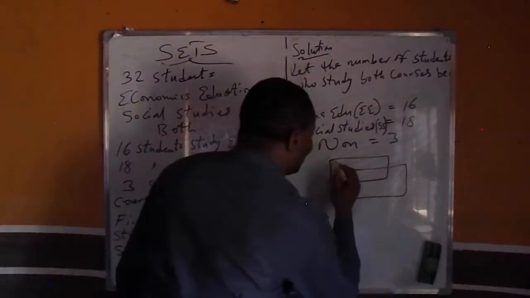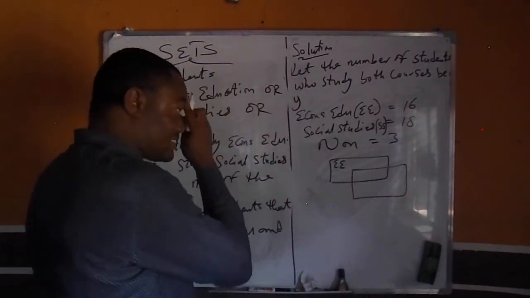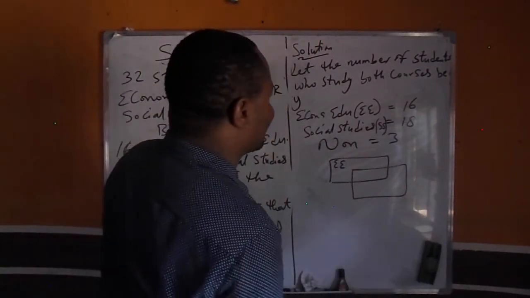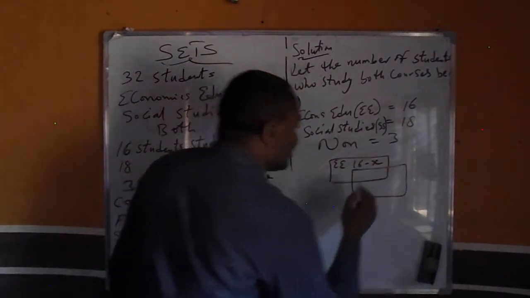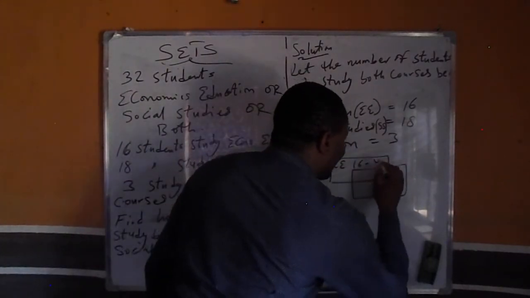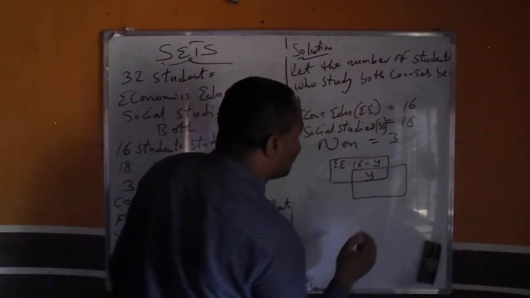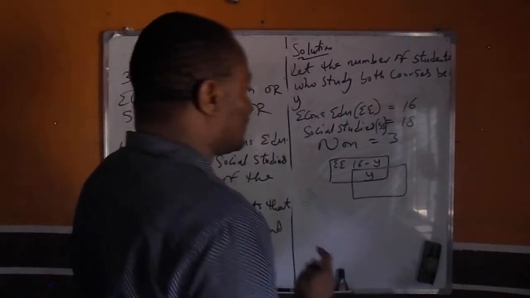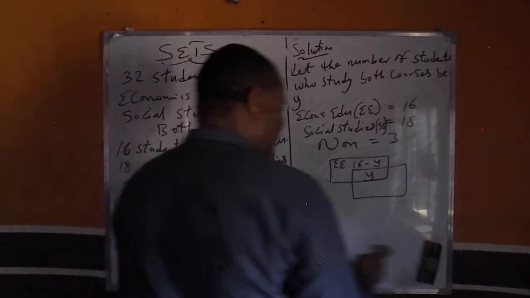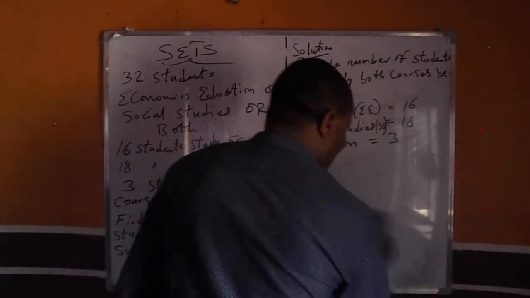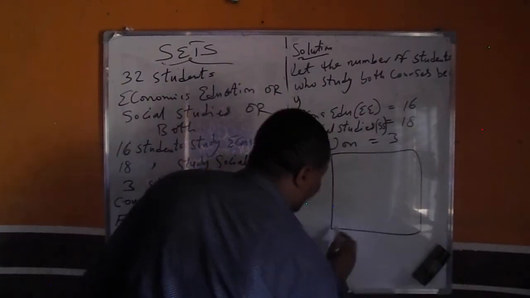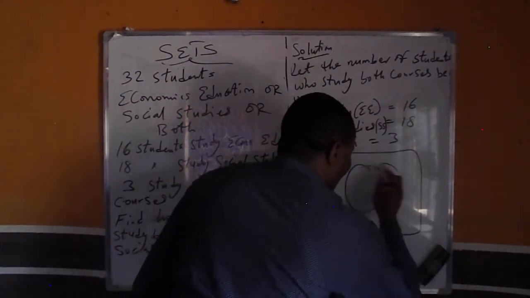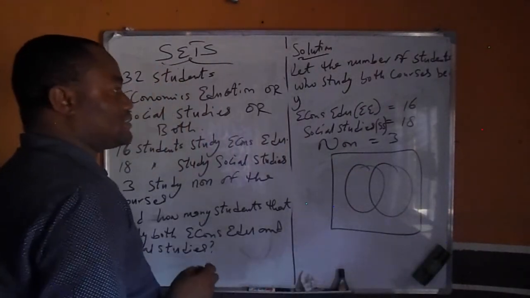We have social study, we have economics. How many students study economics? 16. That will now give you 16 minus x. Sorry, y. Oh, don't let us use this shape. Let's use this shape. We have this circle like this.